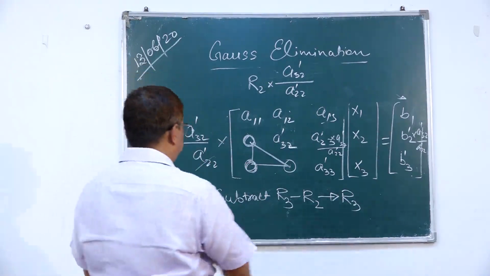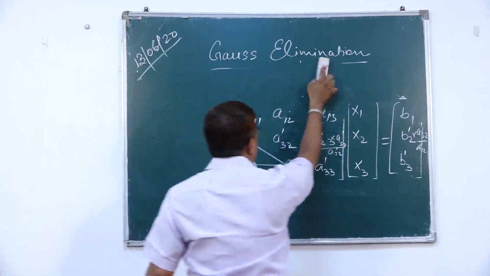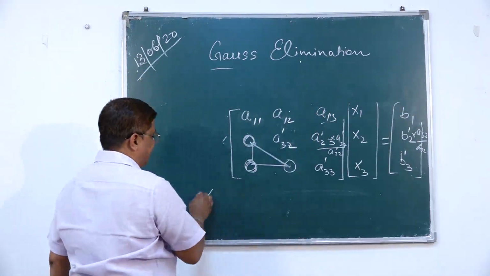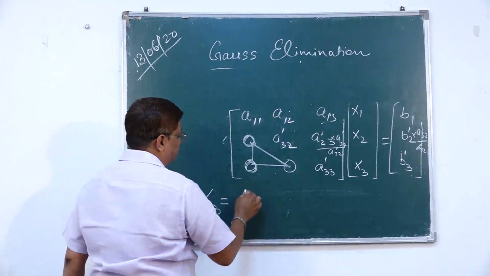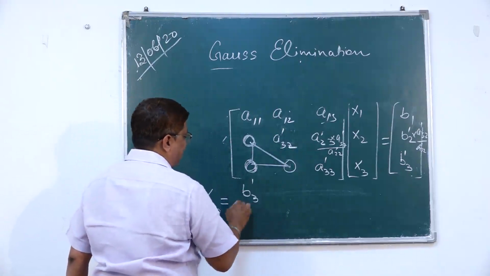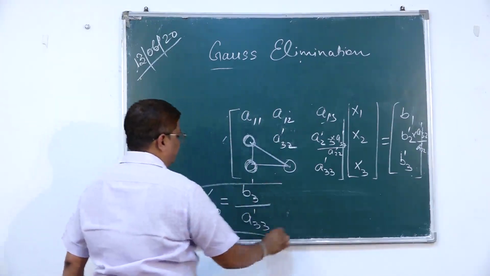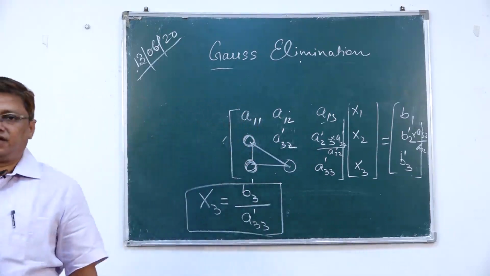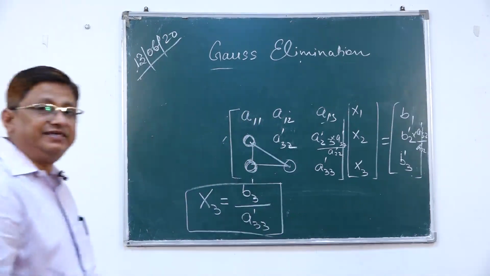After forming this upper triangular form, we have got the first unknown: x3 is equal to b3 dash divided by a33 dash.